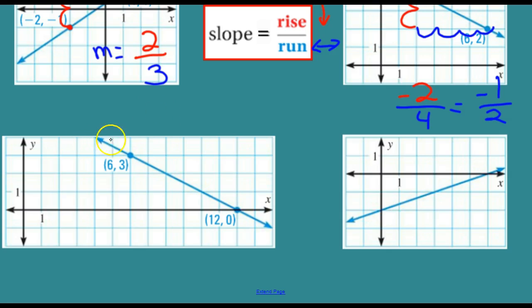Down here, it looks like again we're going downhill, so we're going to go down 1, 2, 3. So our rise is down -3. Our run then is 1, 2, 3, 4, 5, 6. It's -1/2.